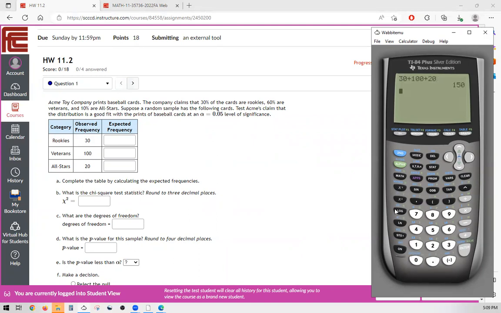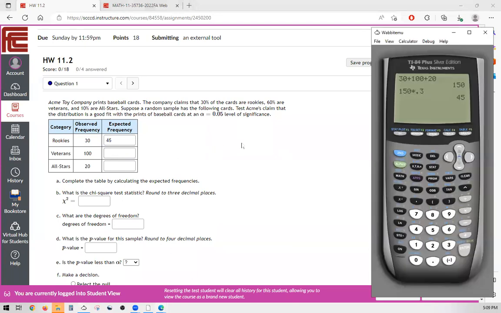So there are 150 cards. The expected frequency for the rookies is 30% of them, so we take the 150 and multiply it by 0.3, the decimal equivalent of 30%. So the expected frequency for the rookies should be 45.